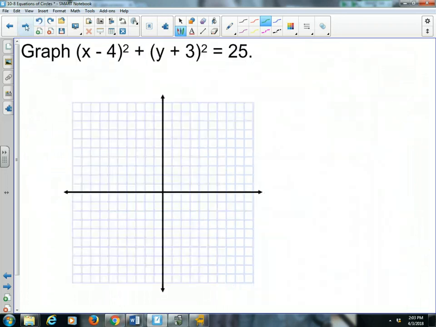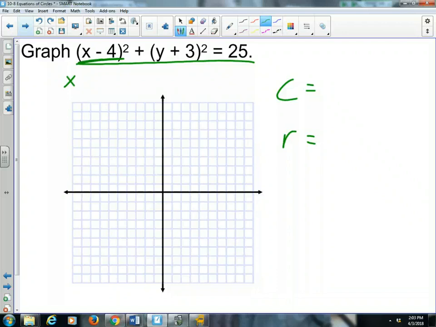All right, now we are going to sketch, or draw, the graph of this equation. There are only 2 things I need to graph any circle. I need the center, and I need the radius. The center is x minus h quantity squared plus y minus k quantity squared equals the radius squared.